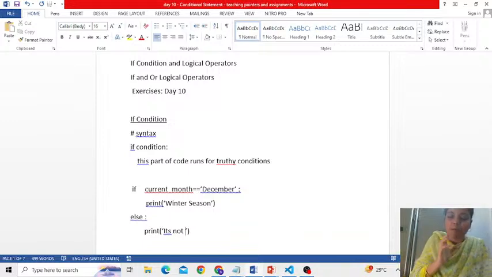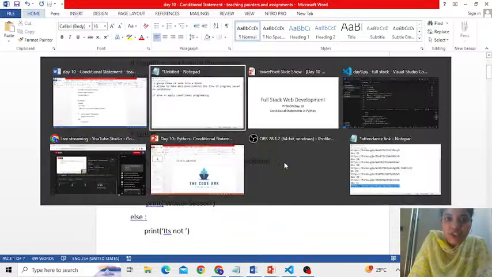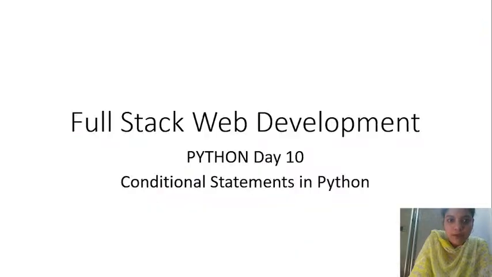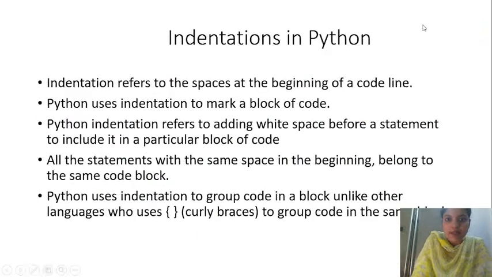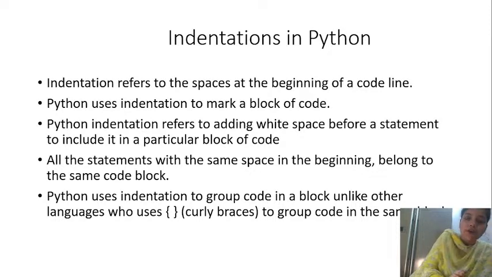Now next, before we actually write this code in Visual Studio Code or Colab or Jupyter Notebook or Python IDLE, whatever interface or editor you use, there is a very, very important concept of Python that we need to learn, even more important than conditional programming and loops and many other things we have already learned: something called indentation. Let me speak in simple language.